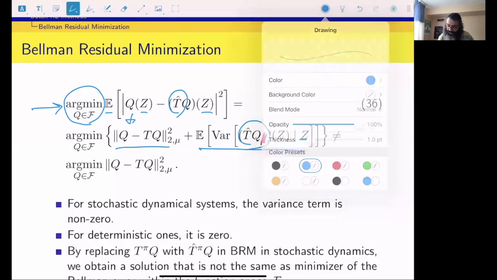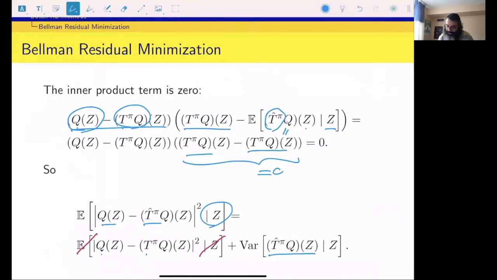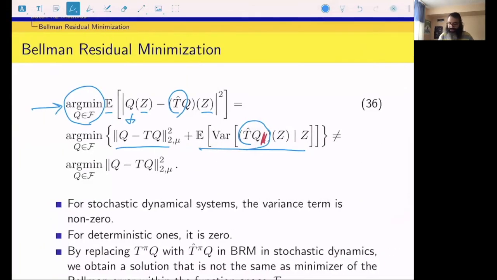So this was exactly what we got here: this variance term plus this Bellman error term. So what we are minimizing has these two terms, term 1 and term 2, but this in general would be different from Q minus T of Q, right? Because of this second term.